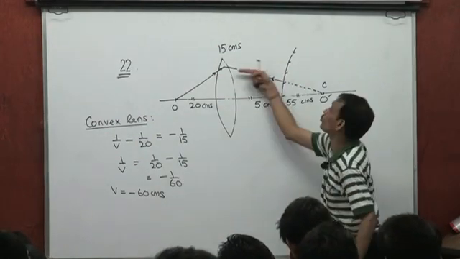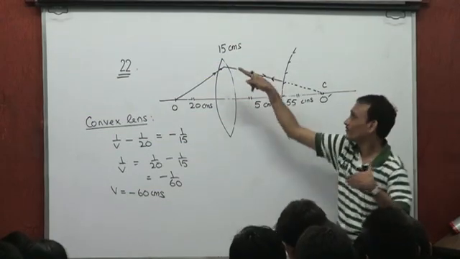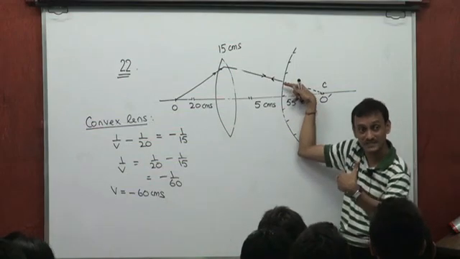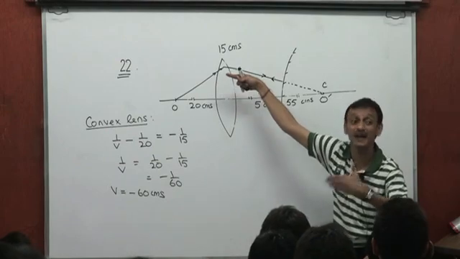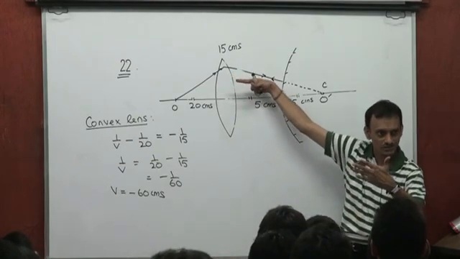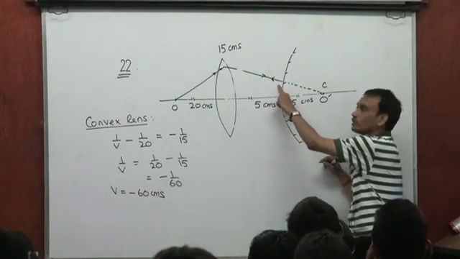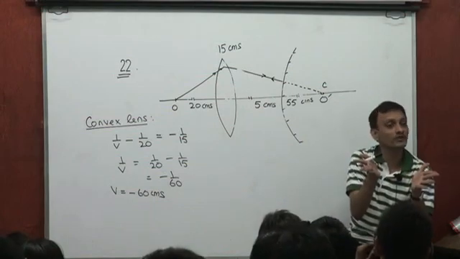Now, when would it get thrown back along the same direction? When it's incident normally on the mirror. When it's incident normally on the mirror, angle of incidence will be equal to 0, angle of reflection will be 0. So, it will go back along the same direction, along the same line, but in the opposite direction, right? That means it must be incident normally. Now, what's a normal to the mirror? A normal to the mirror must pass through the center of curvature of the mirror.